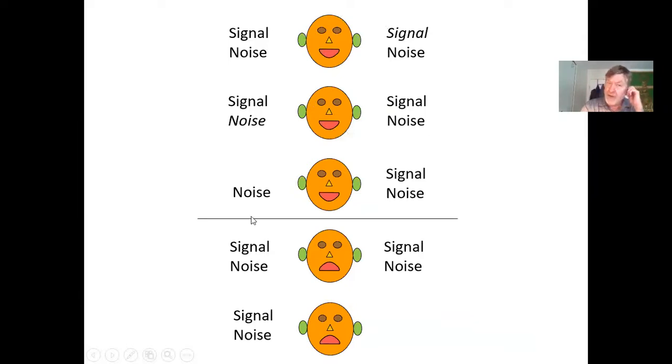Or the third one, this would be like the pilot who took the headphones off her head and left one on the ear and one not. This one's happy as well. And the bottom 2 are unhappy because the signal and the noise for the bottom one that I'm circling, everything's identical. And the very bottom guy, well, he's only got one ear, so he's got nothing to compare. Okay? So therein lies the problem.